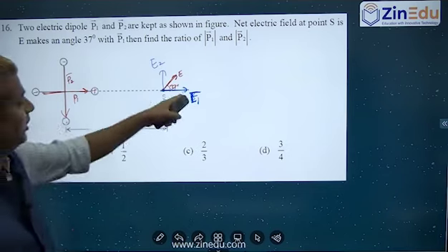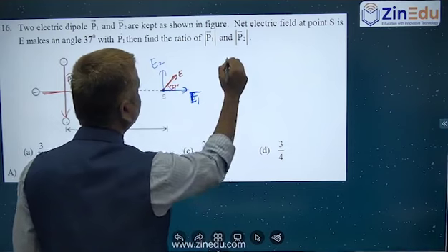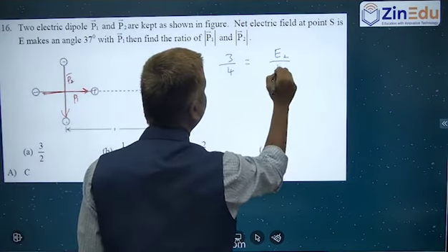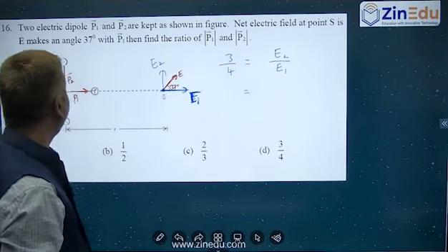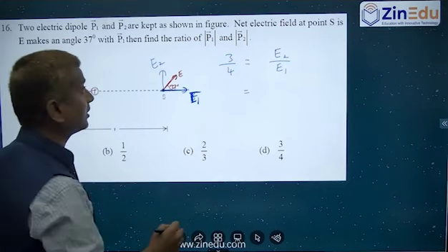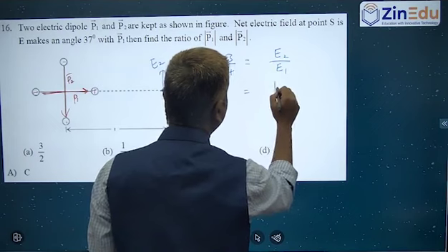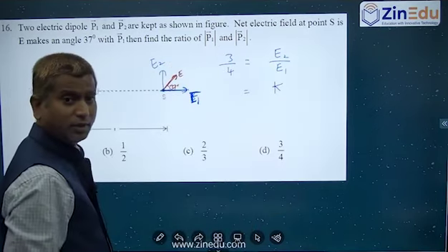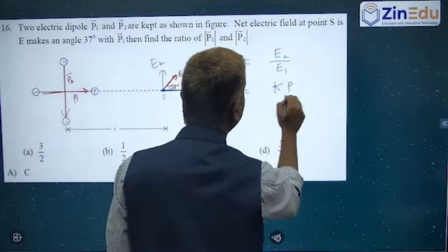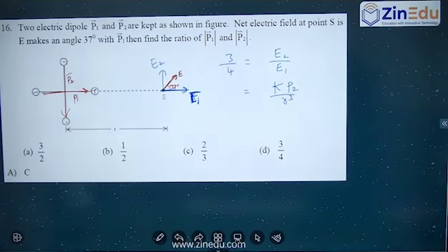So there is a relation between E1 and E2: tan 37, which is equal to 3 by 4, is equal to E2 upon E1. E2 is the electric field because of P2 on the perpendicular bisector, which is K times P2 by R cube.